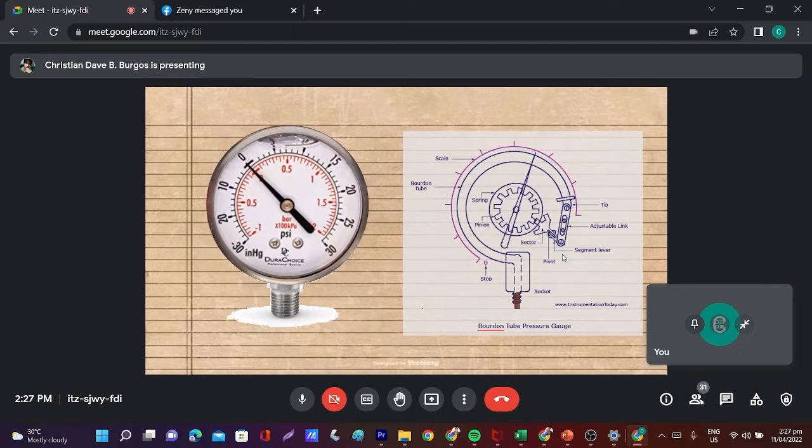Dalawa po. Ayun. Tatlo po pala. Opo. Tatlo po, yung KPA, bar, PSI. Opo. Ito po, KPA po. Bar po, PSI. Apat po pala. Opo.